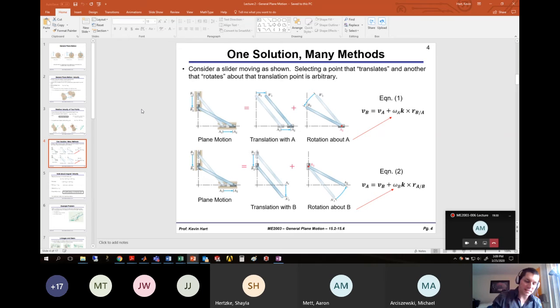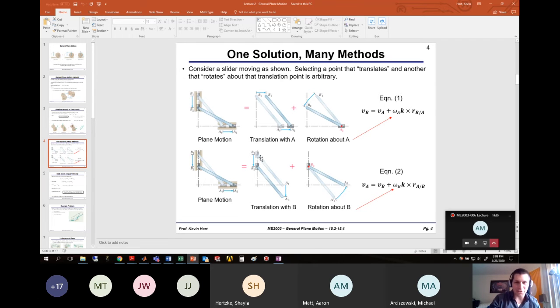So the idea is that we could have the general plane motion here being represented as, let's say, translation of B with A, and then rotation of B about A to get into position. Okay, so starting here and then rotating down to get into the final position that the slider has.